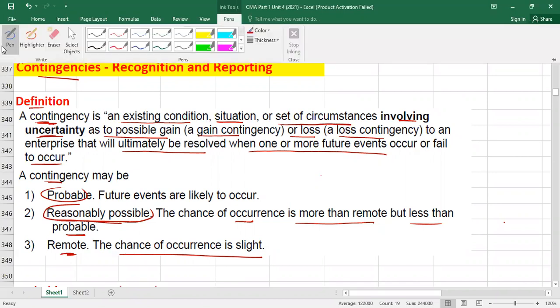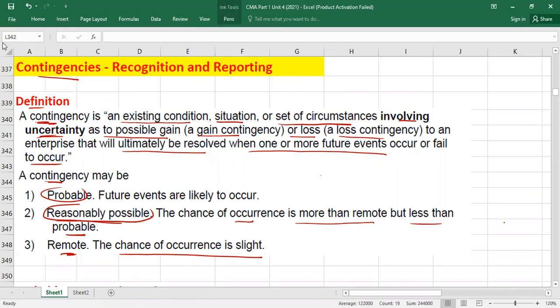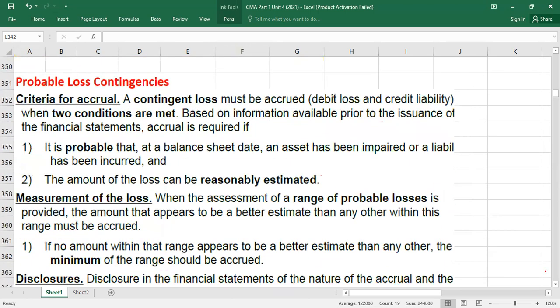Understood? Now, guys, accounting depends on whether the chances are probable, reasonably possible, or remote. It's not a hard and big topic, it's a very small topic. Let's go through it. First, I'm going to tell you what you will do for probable. Please listen to me.